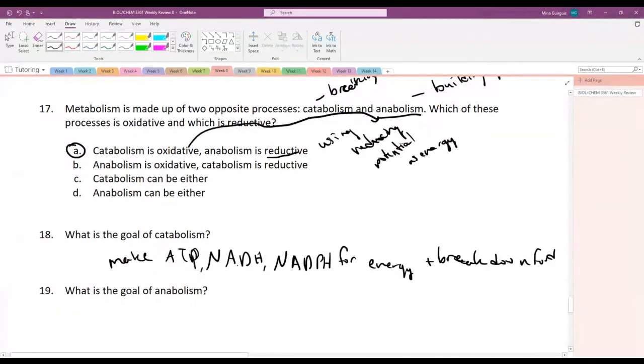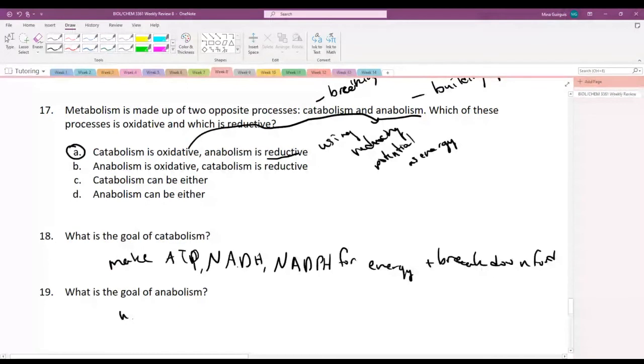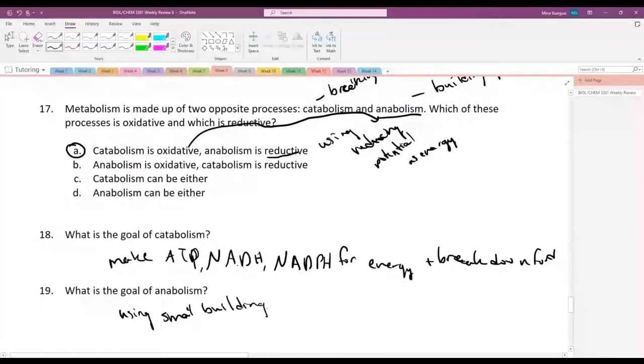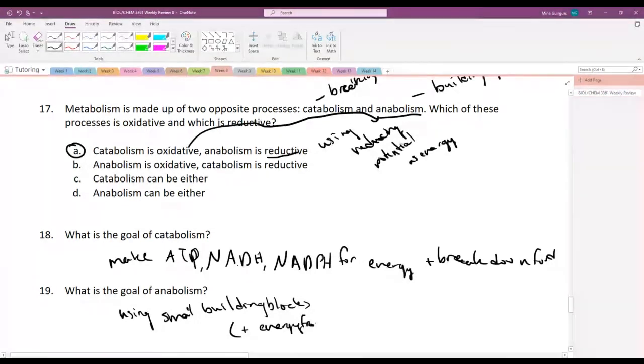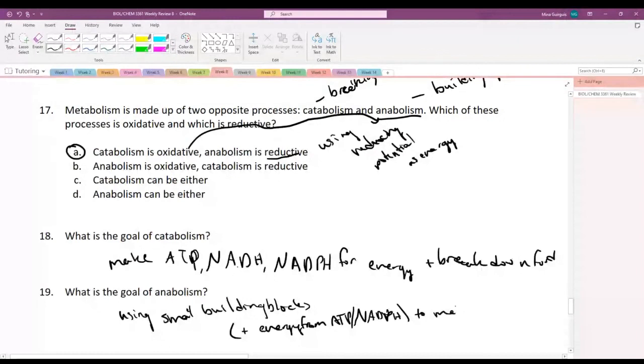So I think of it as using small building blocks plus energy from ATP, NADH, etc. And really this one should be NADPH, to make our body.